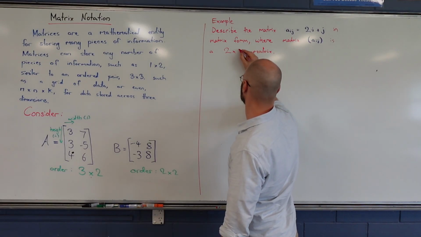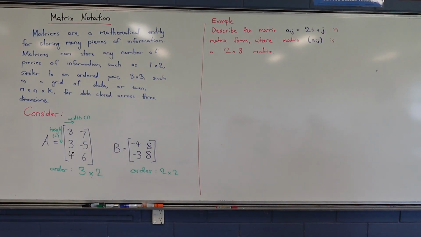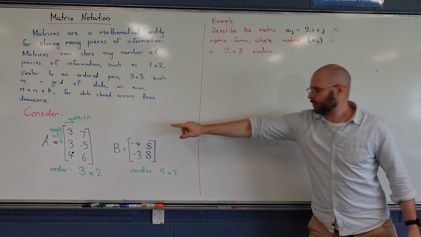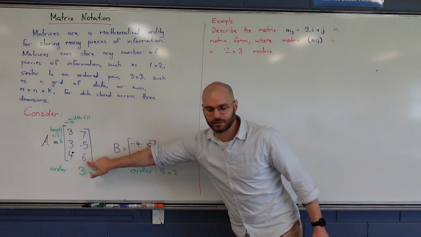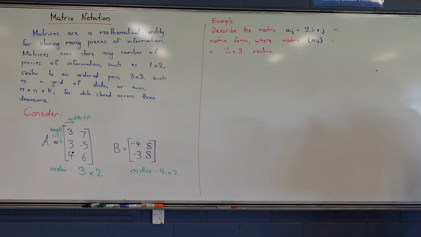Suppose we want to describe the matrix A subscripted ij equals 2i plus j in matrix form, where matrix A ij is a 2 by 3 matrix. What this is asking is, if this was an equation that described all the values of the elements in a matrix, what would it look like?